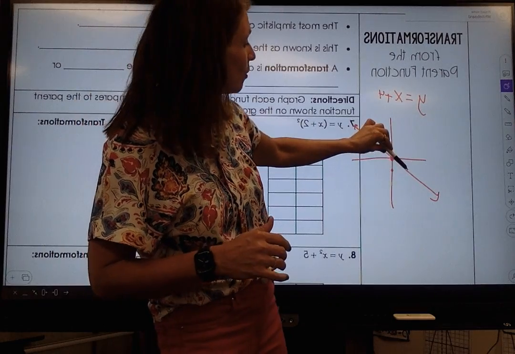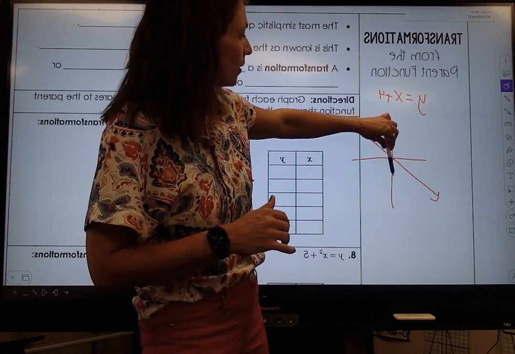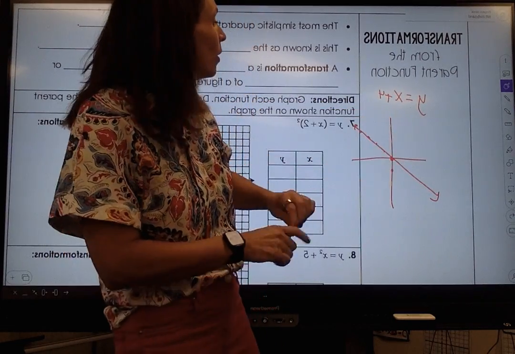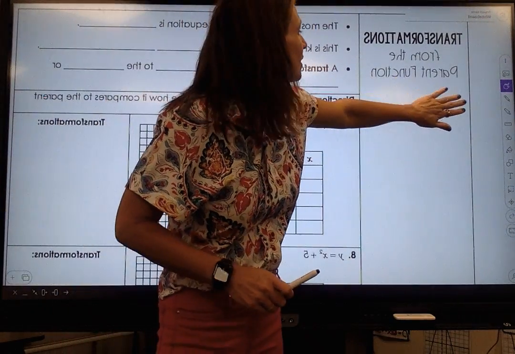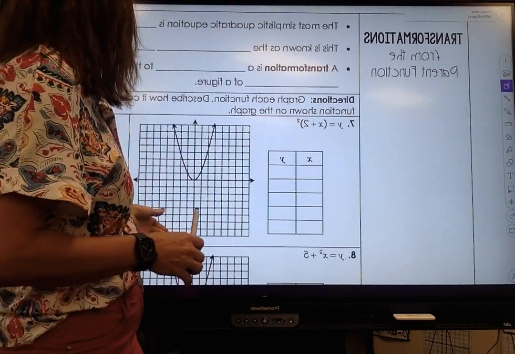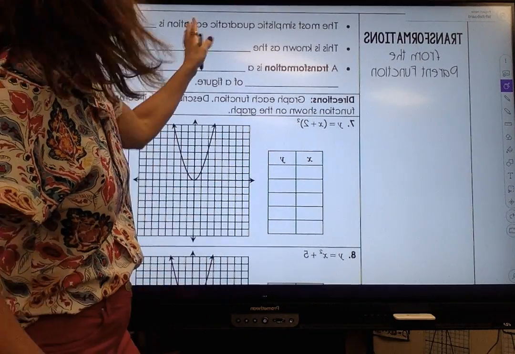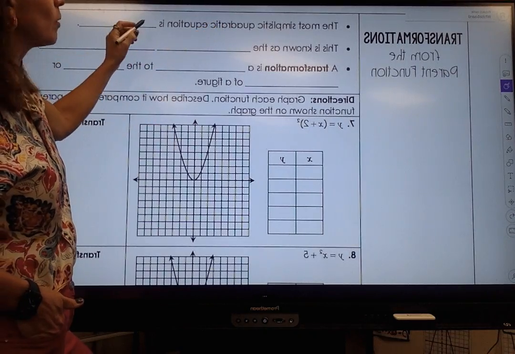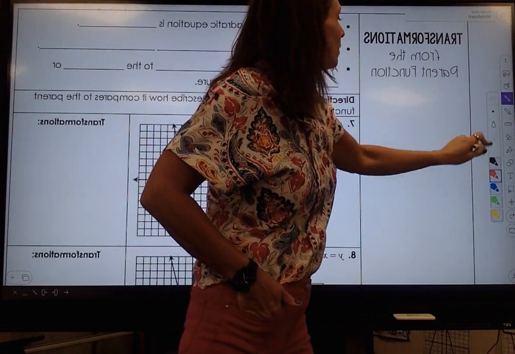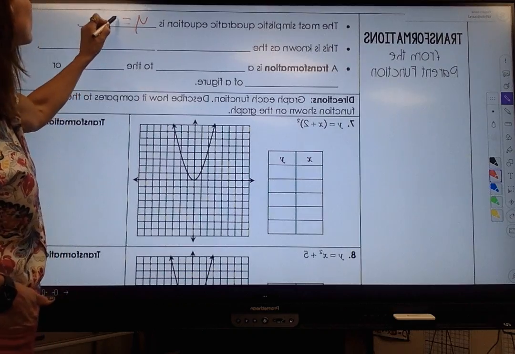Now, in a line, you can move the slope up and back. You know, it can get steeper, it can get not as steep, so you go slower on a mountain. And it's the same thing when we have a parent graph of the quadratic equation. So the most simplistic quadratic equation is going to be y equals x squared.